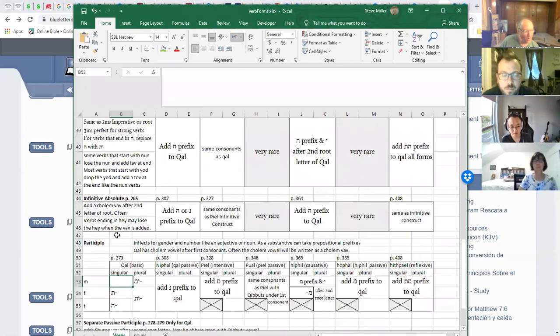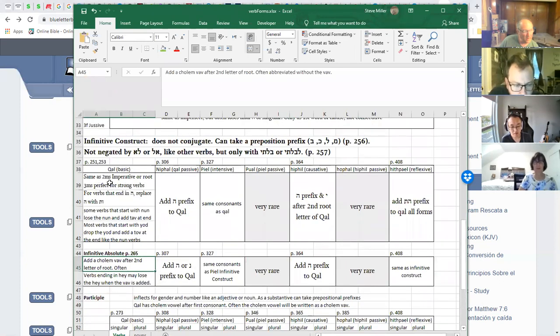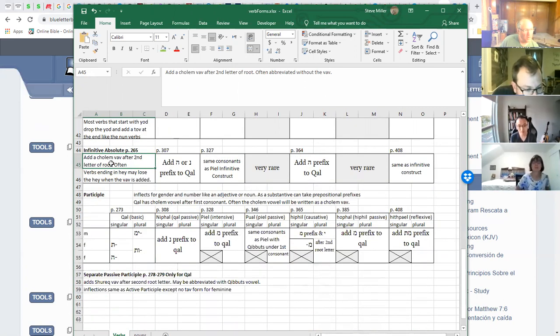The O can be within the infinitive absolute, but that's a colon vav with an actual vav.